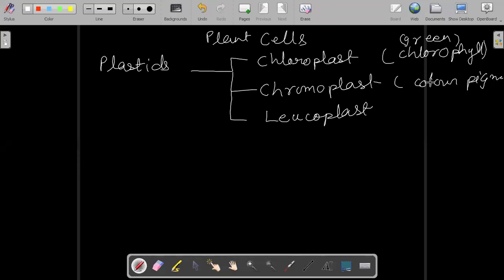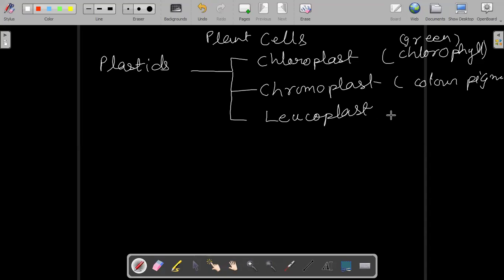You observe that an apple is red in color, a tomato is red in color, and a mango is green in color. All these colors originate from the chromoplasts.